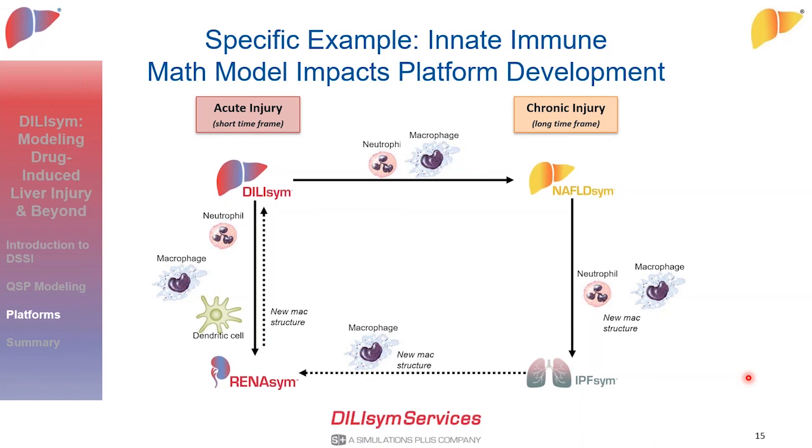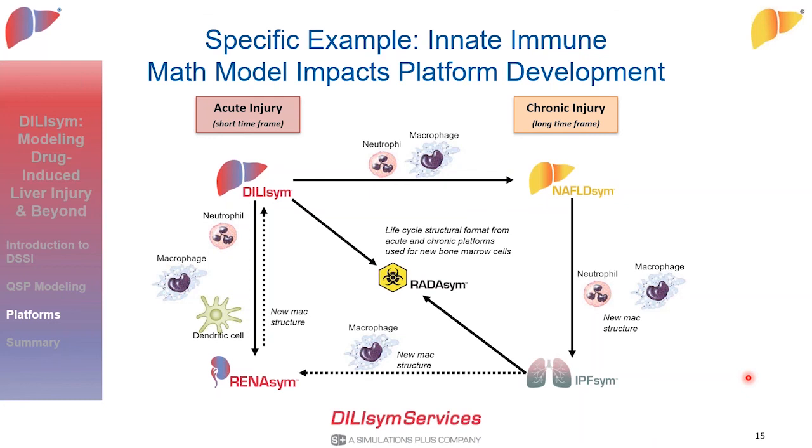And because we have this knowledge about life cycles and life cycle regulation, even though radiation is a completely different platform, it's not macrophage, neutrophil, dendritic cell based, we could use some of the structural formatting from these platforms for bone marrow resident cells.